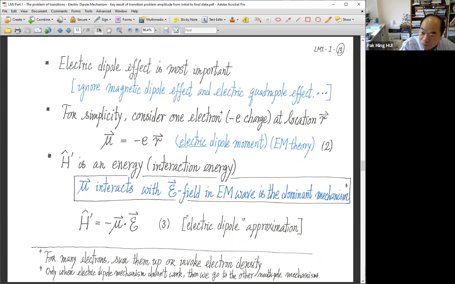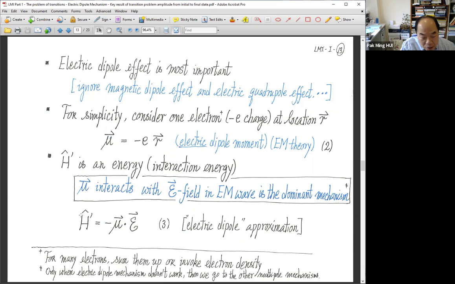By definition, the electric dipole moment is the charge multiplied by its location. So minus eR is formally the electric dipole moment. You can find this expression in, for example, Griffiths' standard electrodynamics textbook.